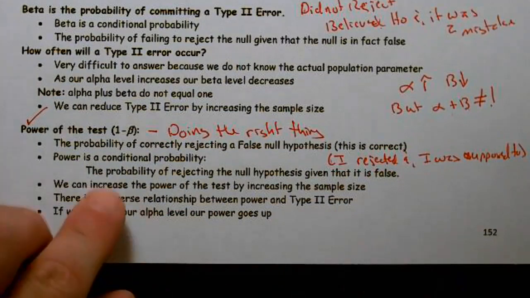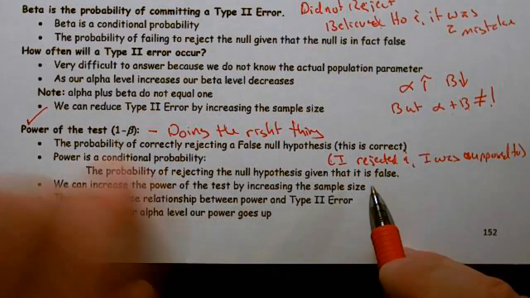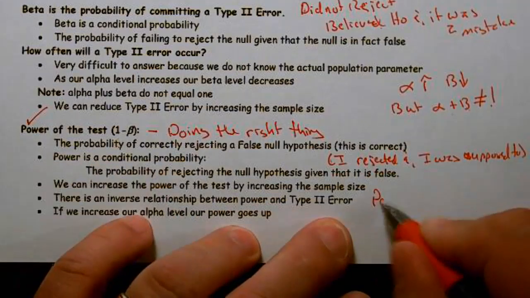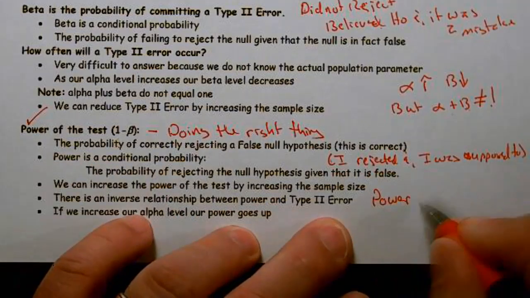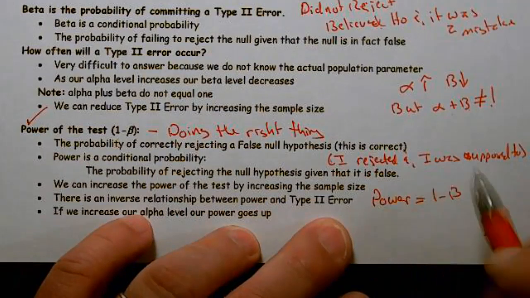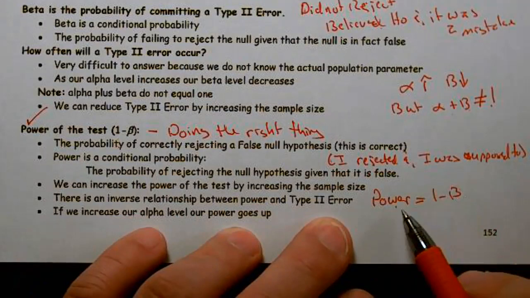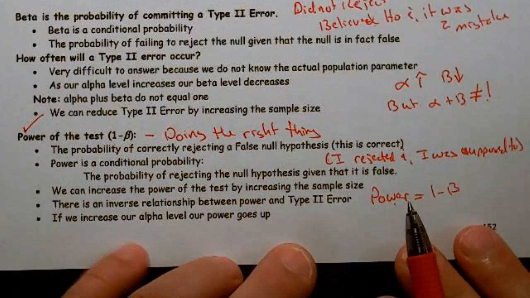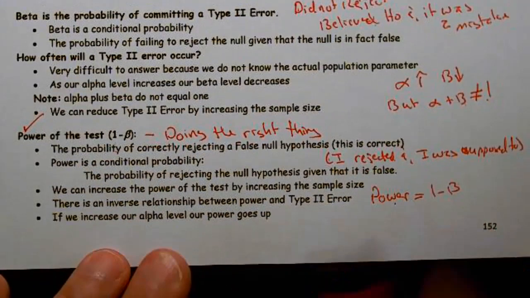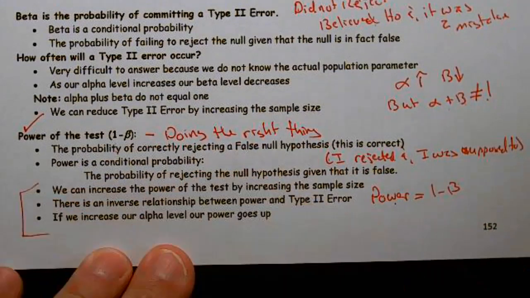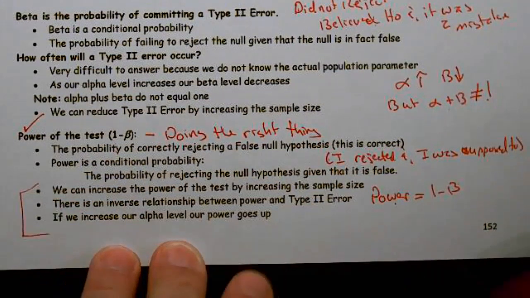Now, power does equal 1 minus beta. So if I gave you power, you can calculate beta. If I give you beta, you can calculate power. All right. Also, and this part we'll talk about again in our last video, we can increase the power of the test by increasing the sample size.